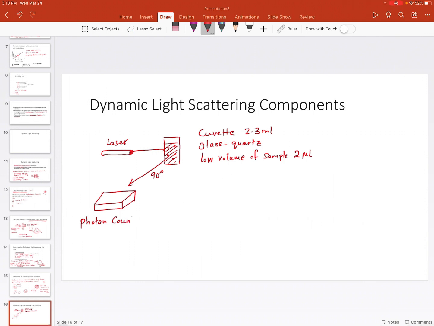This detector is a photon counting device. It's actually capable of counting individual photons.